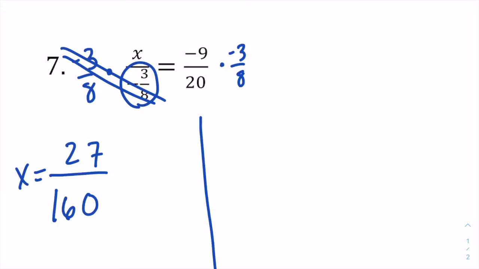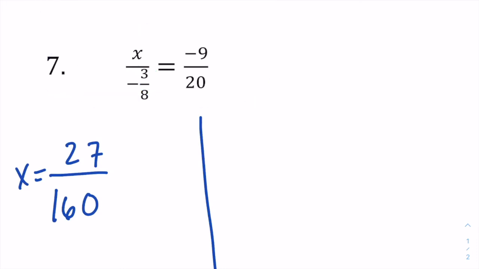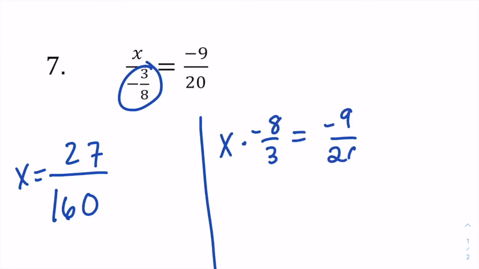The other way you might like to approach this, and I'm going to clean this up here for a second, is if you liked to think about getting rid of that complex fraction first, as we did in our previous lesson. So we could rewrite this as x times, we're going to make that the reciprocal, negative 8/3 equals negative 9/20.